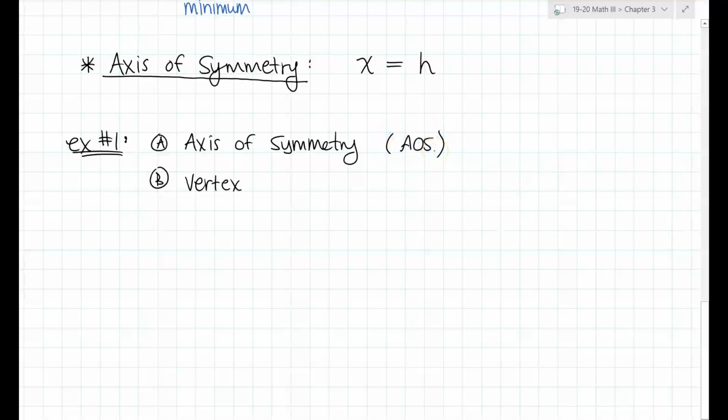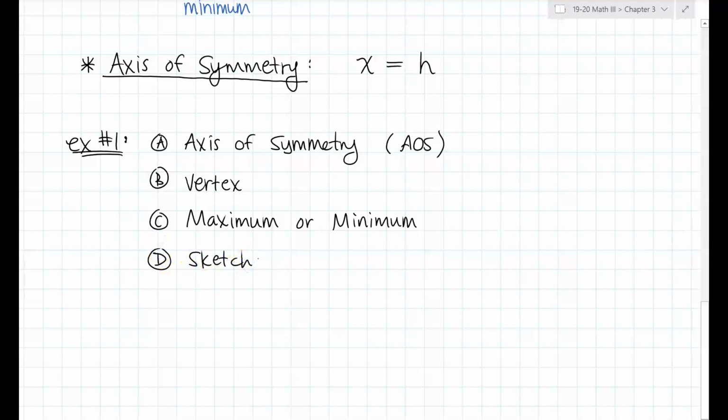The vertex, and then they want you to tell me if it's a maximum or a minimum. And then they want you to sketch. So it's a lot of information. So we'll try doing 2 of those really quick.